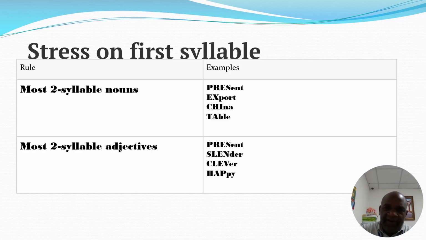Stress on the first syllable: most two-syllable nouns and adjectives, like present, export, table, slender. In the first section, most two-syllable words here are nouns, and in this section are adjectives.